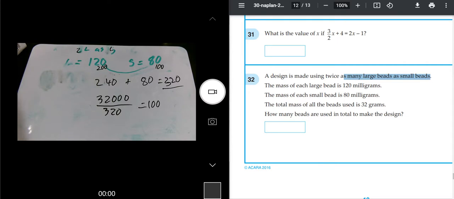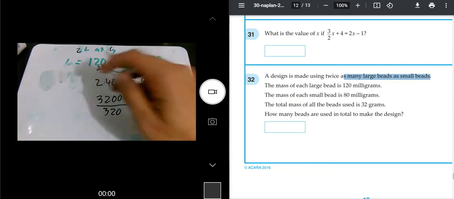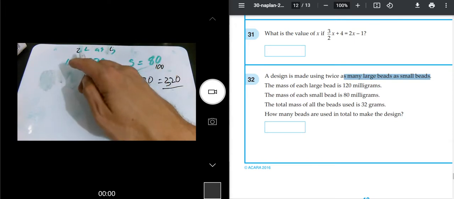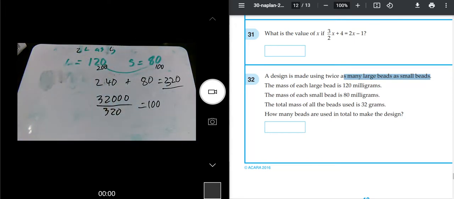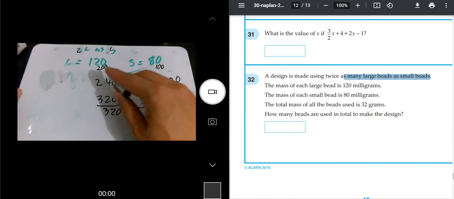Whilst I was thinking about my working out, I realised that if you reverse the larges and the smalls to make 2 smalls for every 1 large, that can't give you an exact, round number answer. The reason for that is if you have 2 smalls, 2 times 80 gives you 160. 1 large gives you 120.